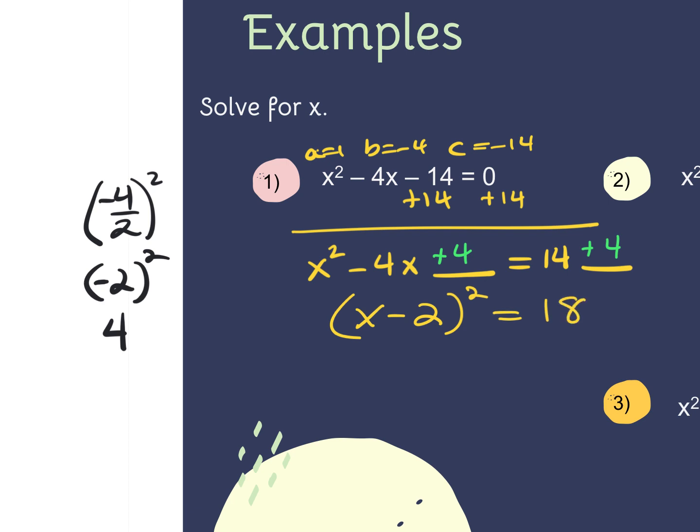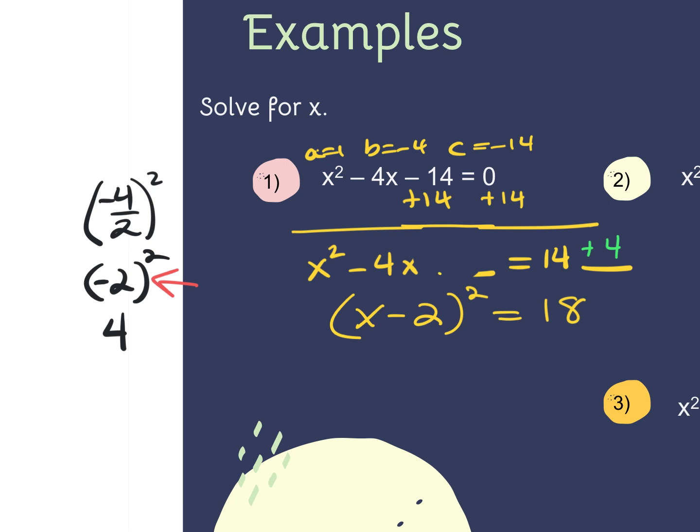Now, what I like to do is, instead of putting in +4 on the left side and on the right side, I definitely have to put the +4, the b term divided by 2 squared, over here. However, over here, instead of putting it in as a +4, I'm going to put it in what it was before I squared it.